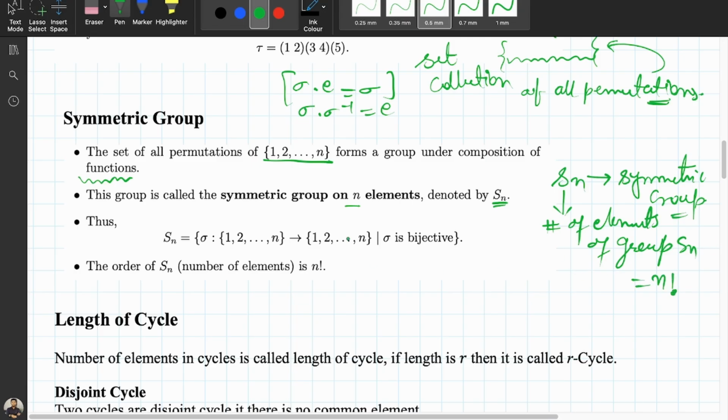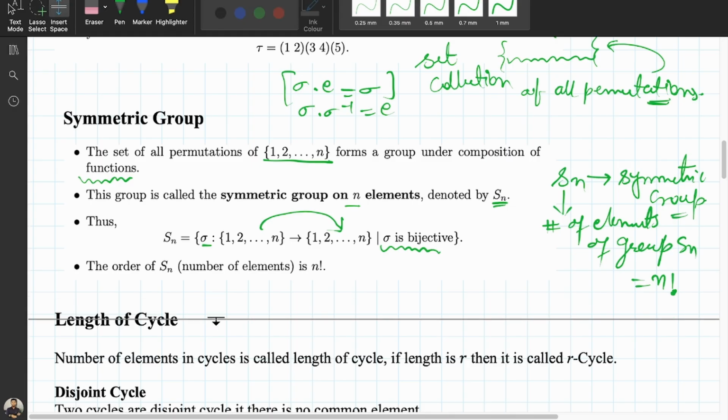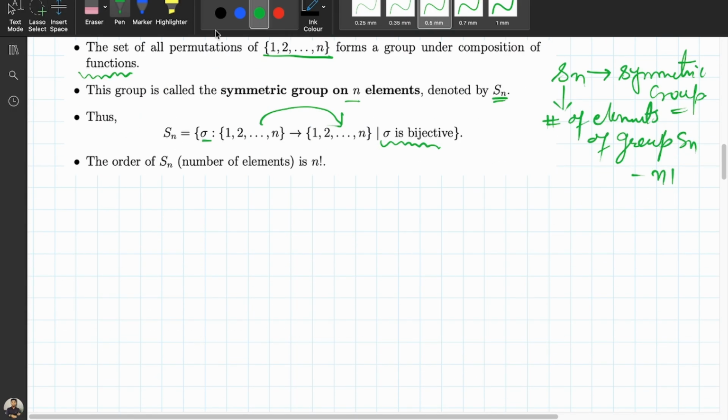But how can we define this group? If you have any sigma that is a bijective mapping, then this will form a set. Now we may have different kinds of sets, let's say S1, S2, S3. I will show you how we can form all of these. Let's take one example.